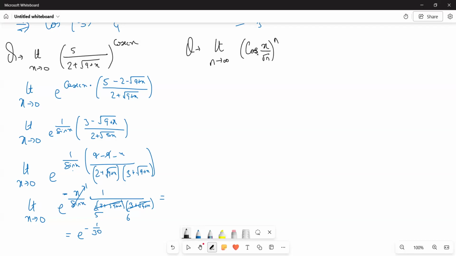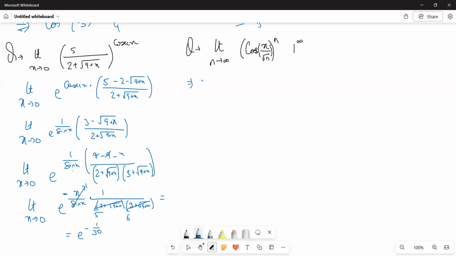Again, what will be the form of this limit? So as n tends to infinity, x by root n will tend to 0. Cos 0 is 1, so 1 power infinity. So again it is 1 power infinity.